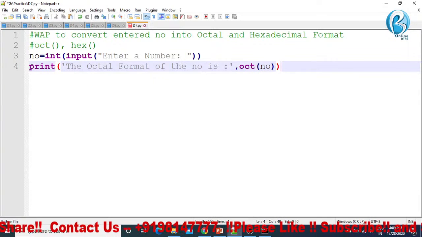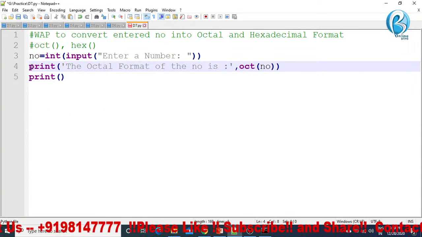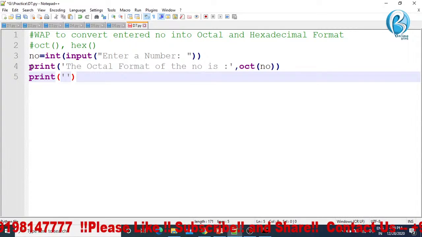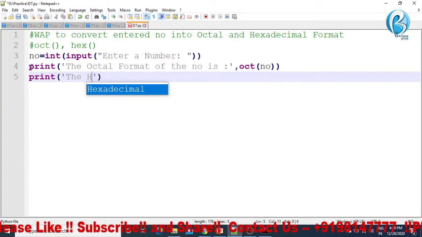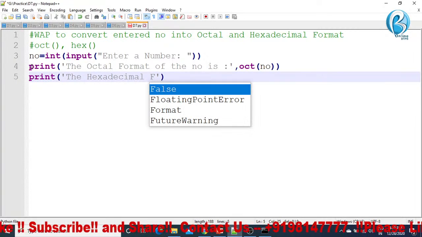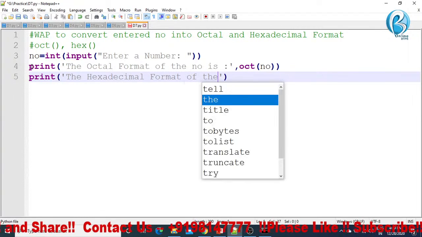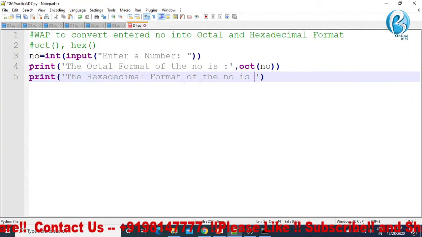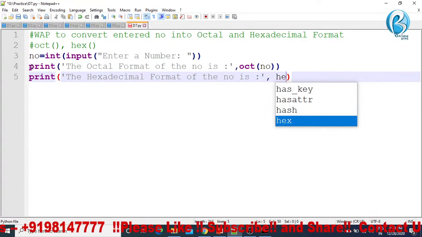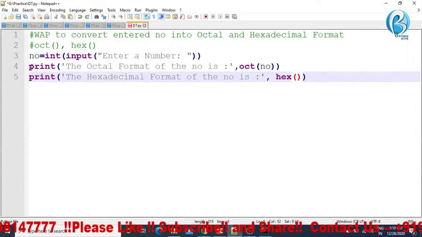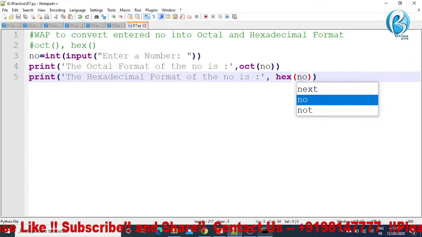Okay, next how we can write is the hexadecimal format of the number is, hex of number. Okay, so what we can do is run and check.